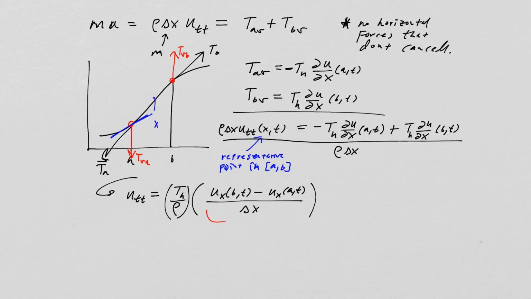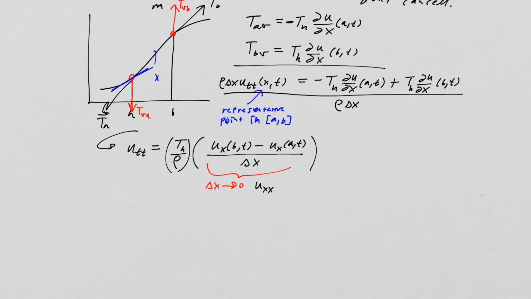Of course, if delta x goes to 0 here, what we're going to get is a u double derivative right there. So that, of course, is our major calculus step. So we end up with this differential equation, our partial differential equation.